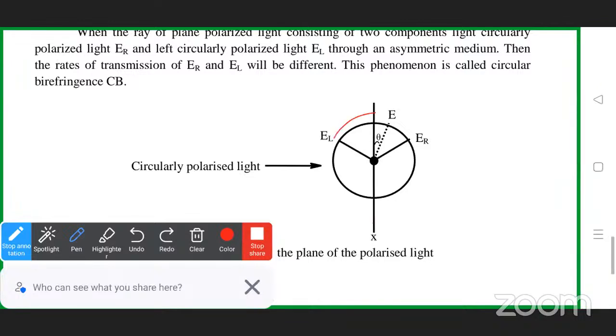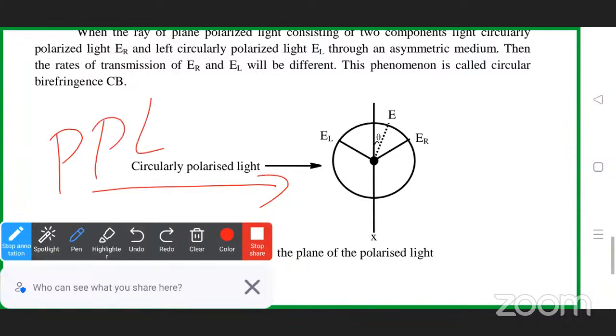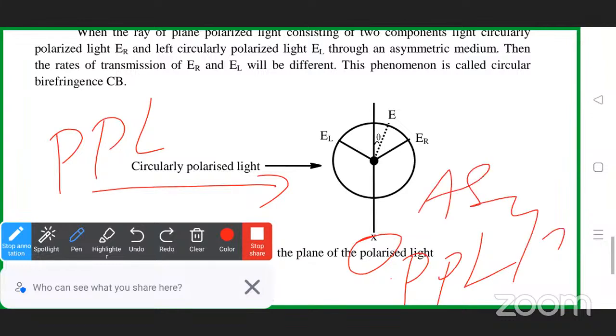Here you see the medium is an asymmetric medium. Same as before, we are passing the PPL, plane polarized light, through this asymmetric medium. The previous one was the symmetric medium.